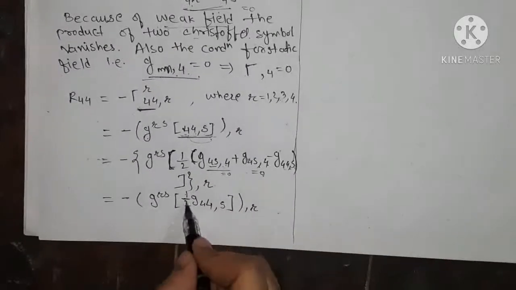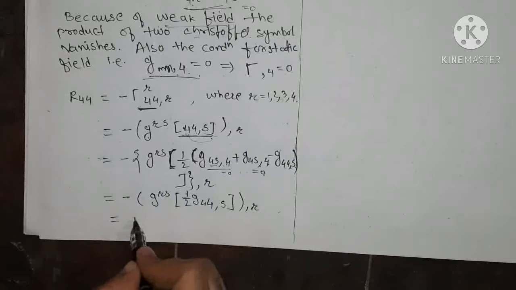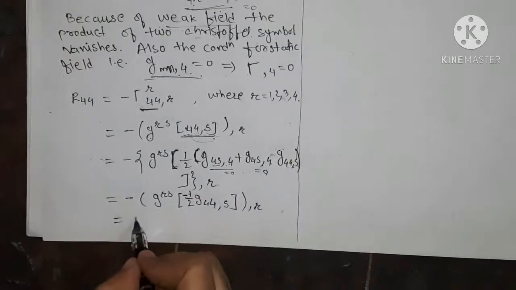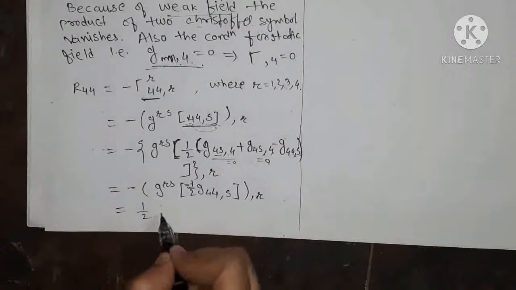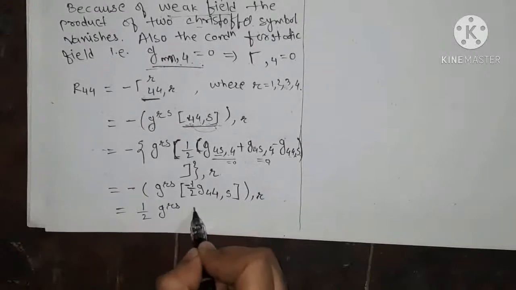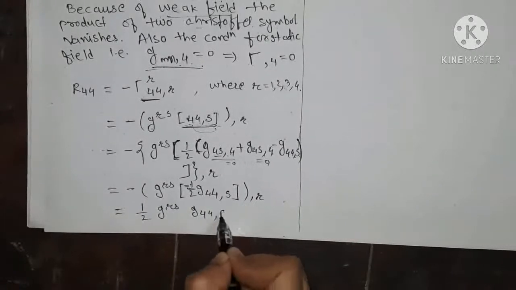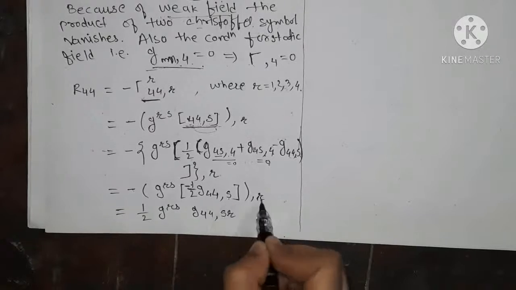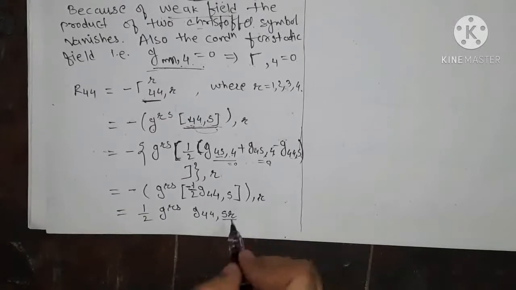This half is constant, so we take 1/2, and this minus sign is also there, so minus minus plus, and we have 1/2 g^{rs} g_{44,s} and this comma r. We write this as sr, a common term here.